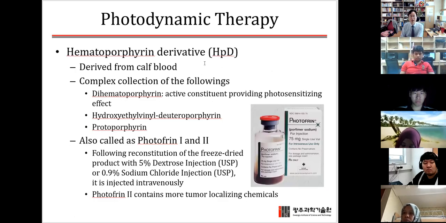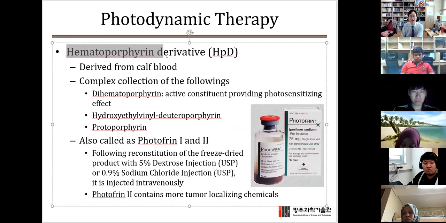So let's look at the photosensitizer. Most of the photosensitizers currently used in the clinical setting are the hematoporphyrin derivative. This one comes from cow blood.